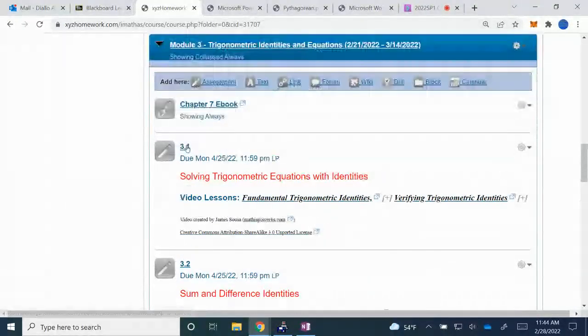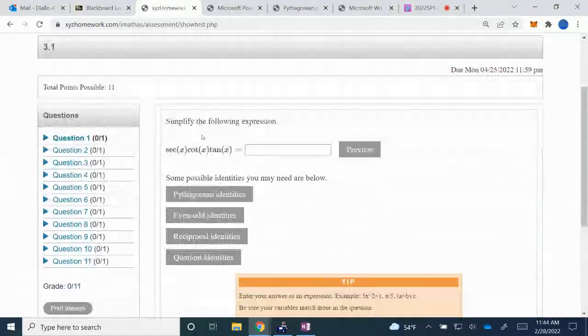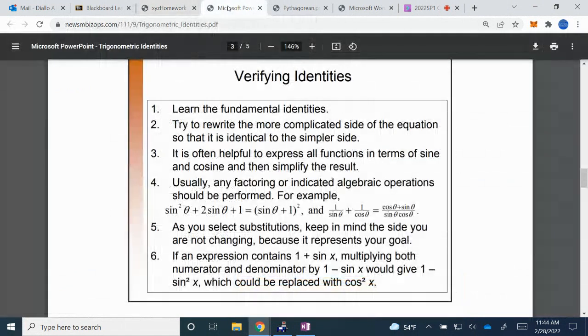If I open up section 3.1, we're taking a look at a problem that asks us to simplify the following expression: secant x times cotangent x times tangent x. The first thing we should do is try to express everything in terms of sine and cosine.